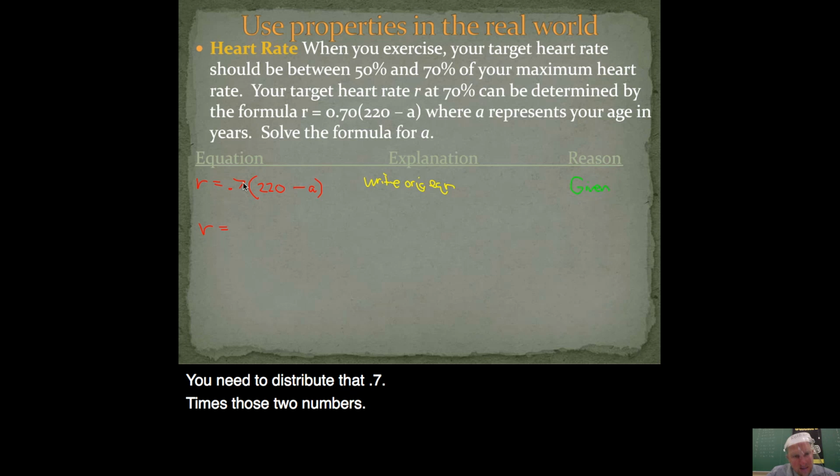So we're going to take 0.7 times 220. I need my calculator for that. That gives you 140. I'm also taking 0.7 times A.